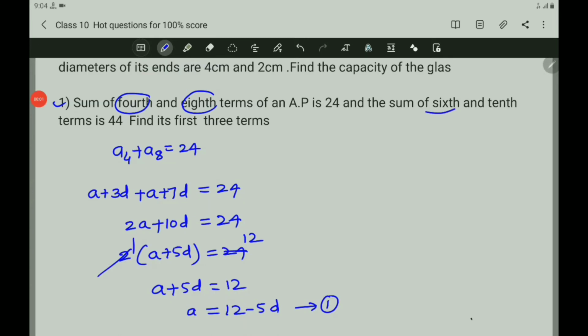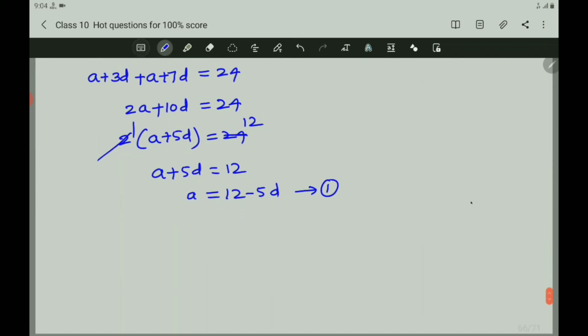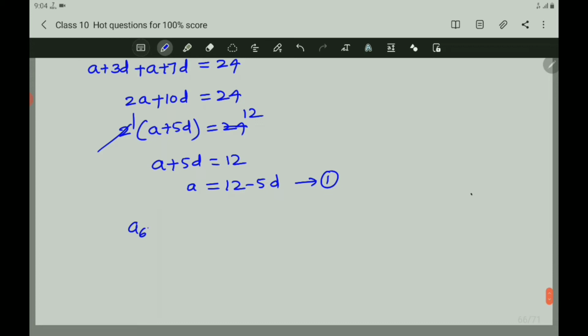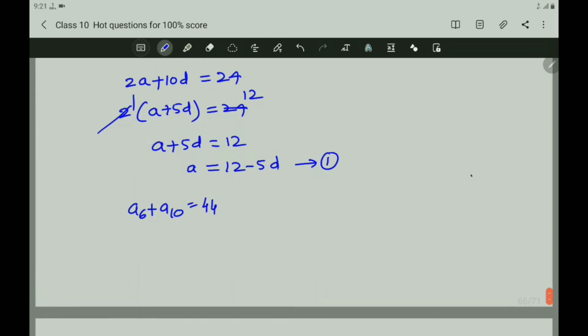Next relation is the sum of 6th and 10th terms is 44. You write 6th term as A6, 10th term as A10. A6 plus A10 equals 44. A6 is A plus 5D in terms of A and D, plus A10. A10 is A plus 9D, equals 44.